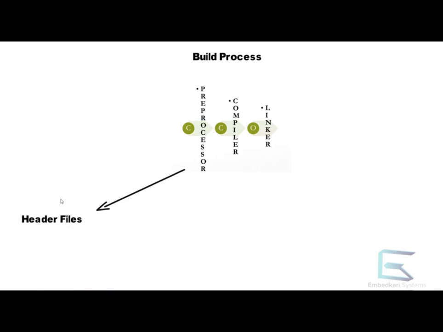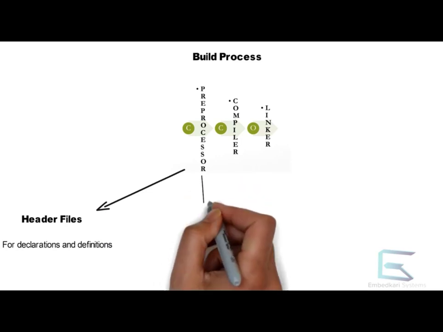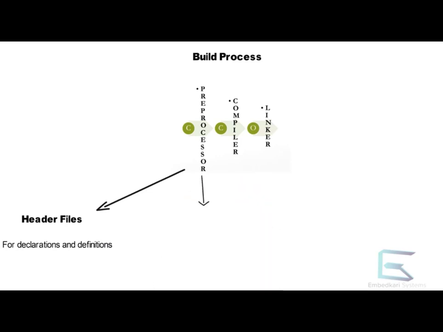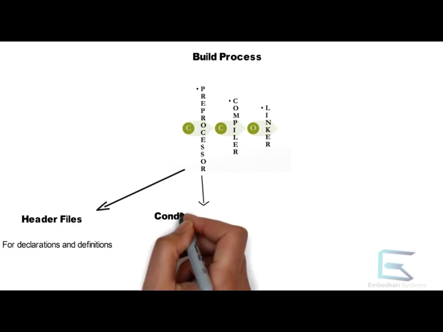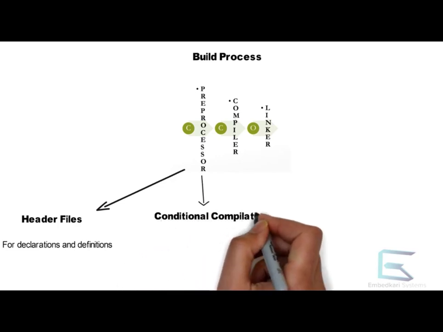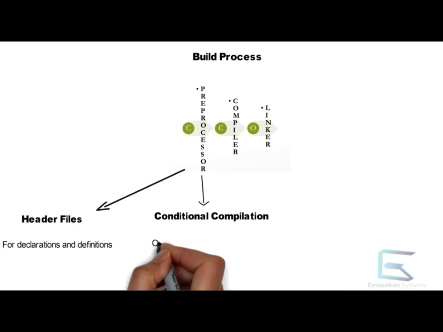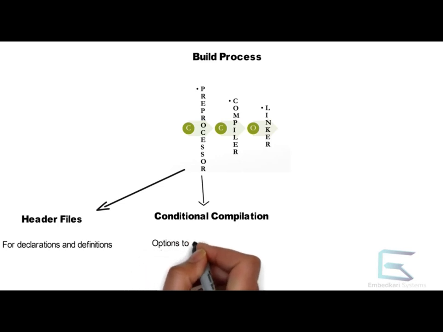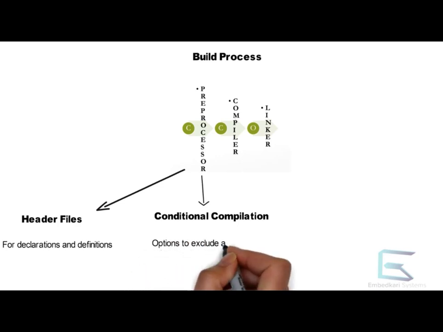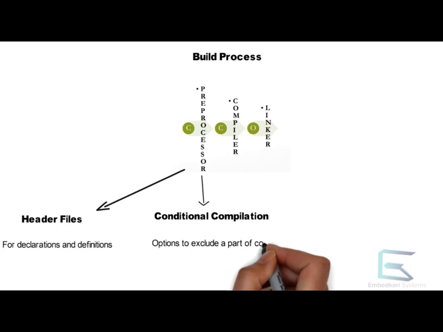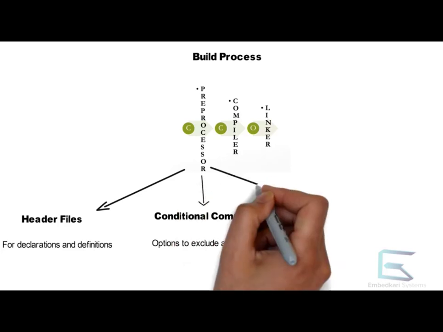For example, let's say the header file that has the declarations and definitions and other things. We will discuss conditional compilation, in which one particular part of the code can be optionally excluded.